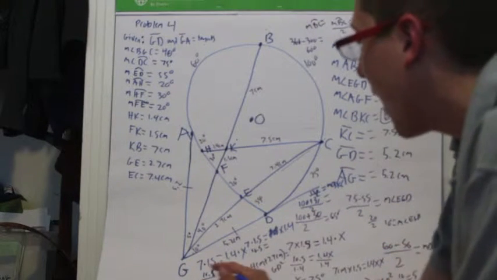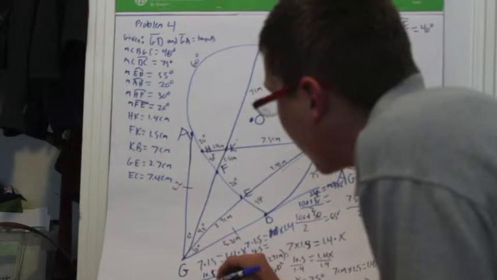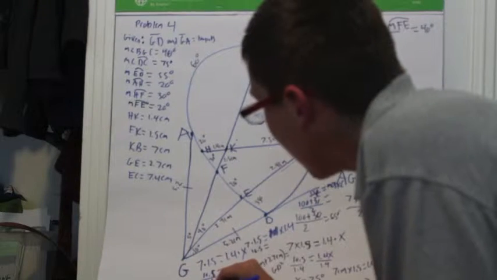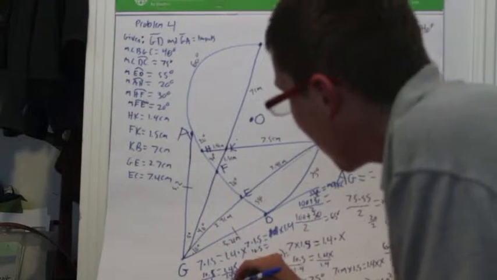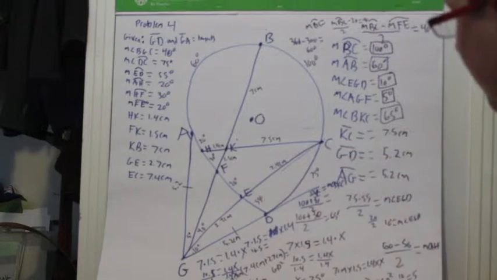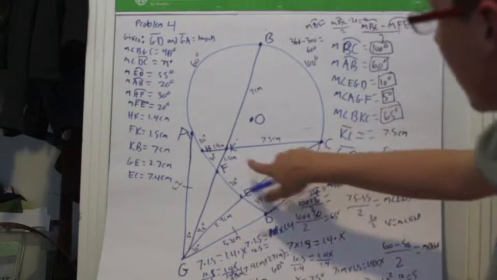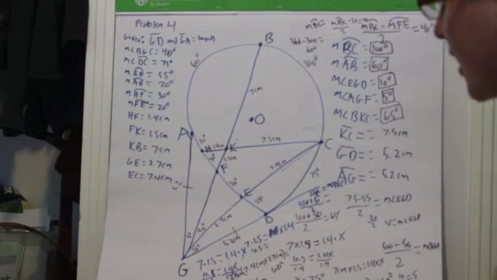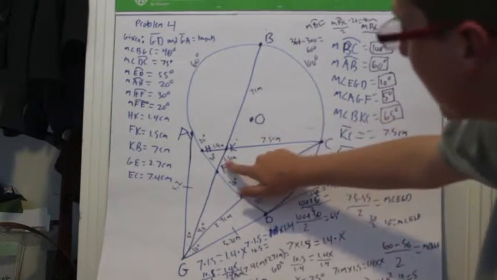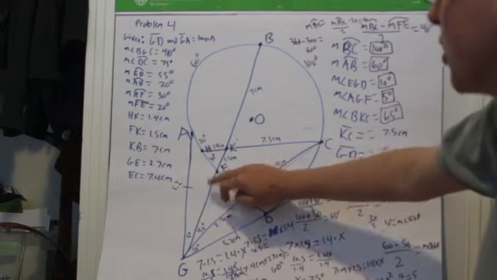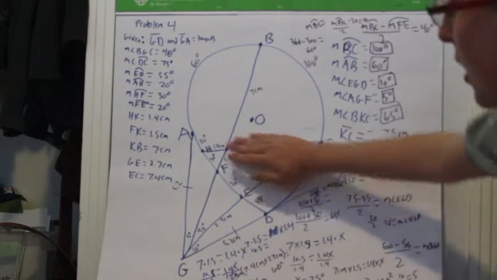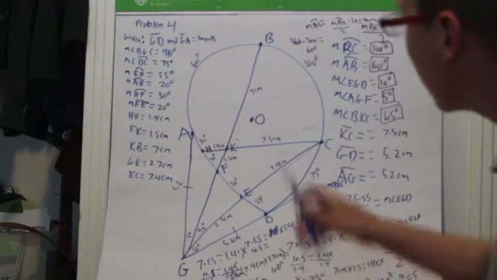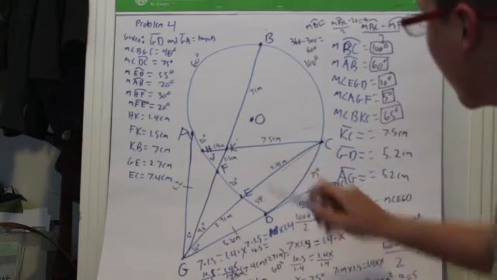If we do 10.5 over 1.4, we can figure out that x is 7.5 centimeters, and that is the length of KC. So this segment length, KC, is 7.5 because these chords intersect, and so if you multiply this 7 times this 1.5 and set it equal to this 1.4 times the unknown length x, you can figure out by using algebra that this segment right here is 7.5.